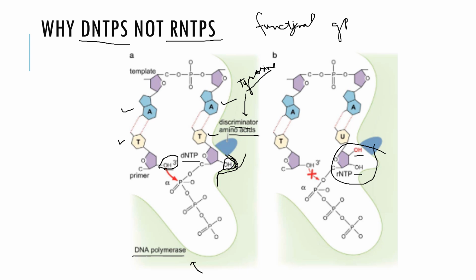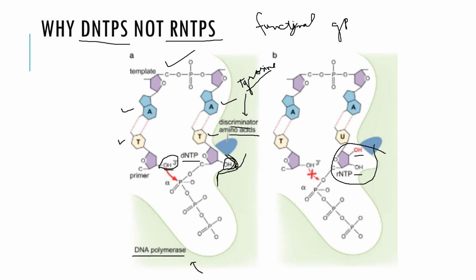If dNTP is used by the DNA polymerase, in that case firstly the discriminator amino acid of the DNA polymerase, that is tyrosine, will recognize the dNTP, and after recognizing dNTP, this tyrosine will fit the OH group of the dNTP in the bulging, and after fitting in the bulging, the OH group of one nucleotide will attack the alpha phosphate, and then the bond formation will take place like this.